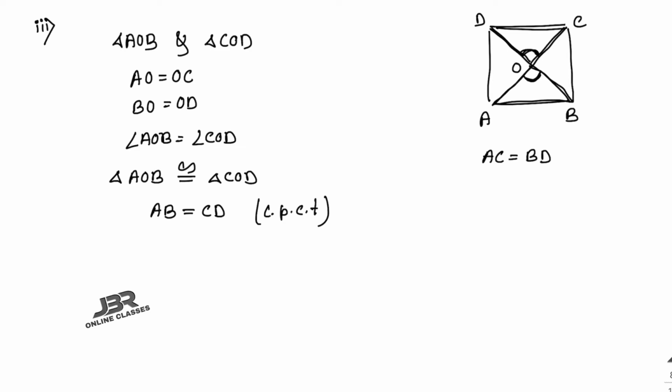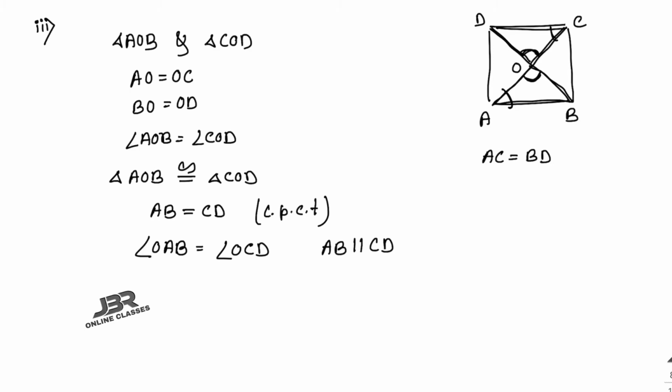As these two triangles are congruent with each other, definitely these two sides are equal. And you can also write angle OAB is equal to angle OCD. OAB, this one, is equal to this one, but these two angles are alternate angles, so AB is parallel to CD.